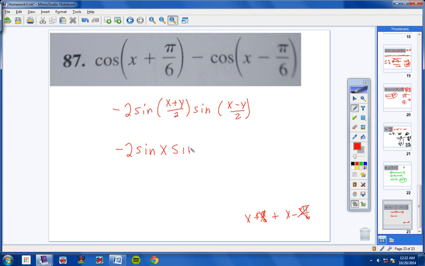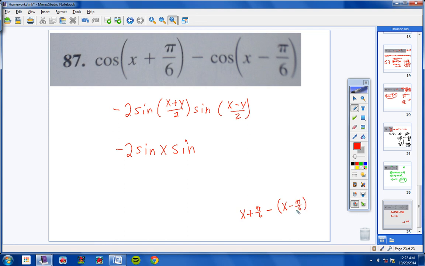Sine of x minus y. So let's try to do this in our head down here. Okay, look. Here's your x right here. X plus pi over 6. And then it's minus y. So it's minus this whole group here. X minus pi over 6.